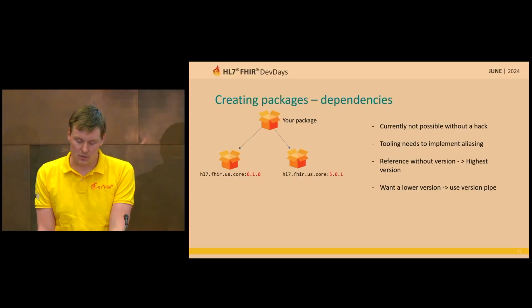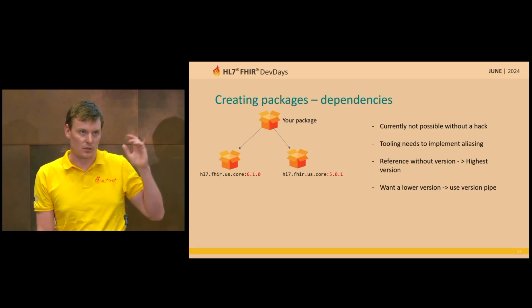For this to work, tooling needs to implement aliasing to make sure you can actually describe how to do this. And what will currently happen if you search for this US Core patient, in almost all tooling, it will just find the highest version, 6.1.